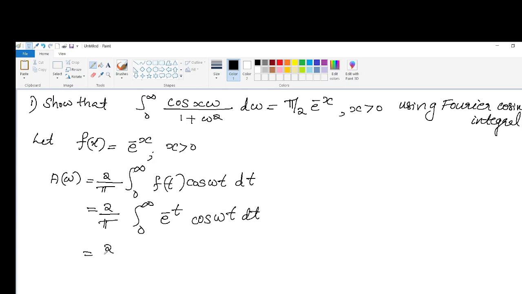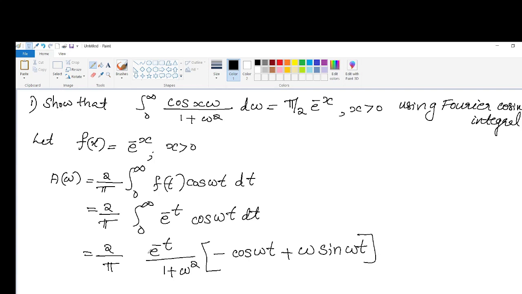This is equal to 2 by pi, then here e raised to minus t divided by 1 plus ω square into [minus cos ωt plus ω sin ωt].